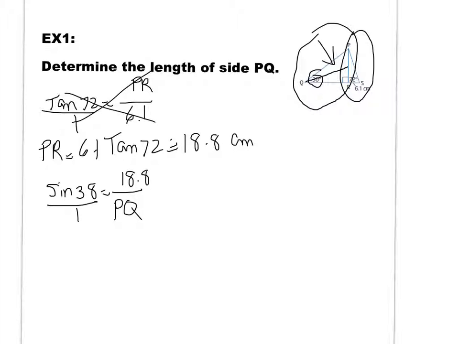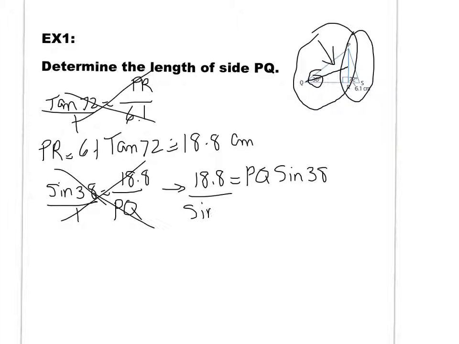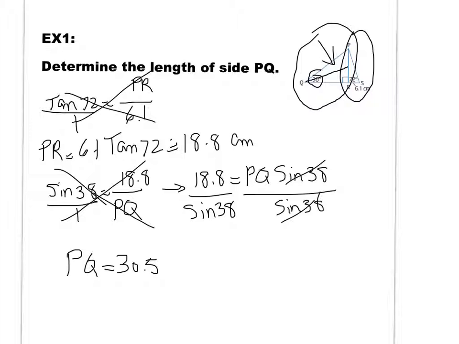Now again, this is a fraction. We can just use cross multiplication. I get 18.8 times 1, which is 18.8, is equal to PQ sine 38. Then I divide both sides by sine 38. And I'm going to get PQ is 18.8 divided by sine 38, which is about 30.5 centimeter.